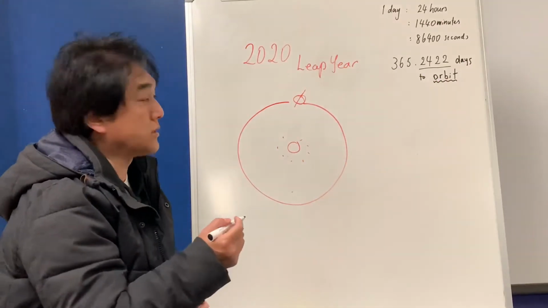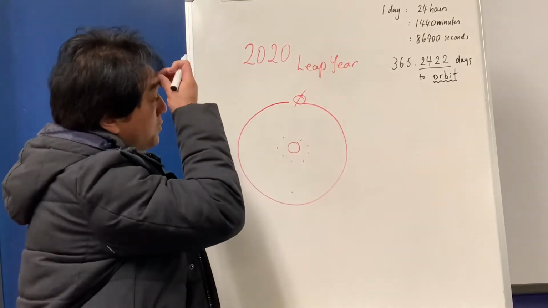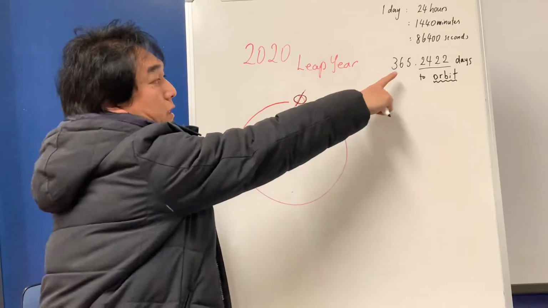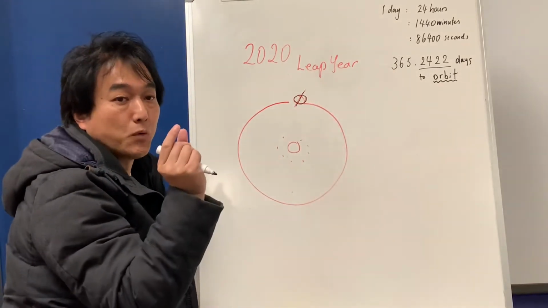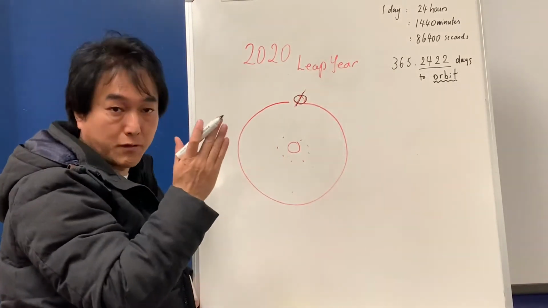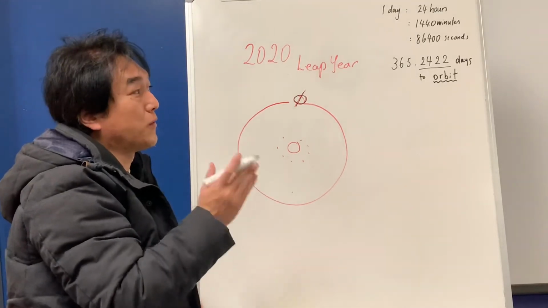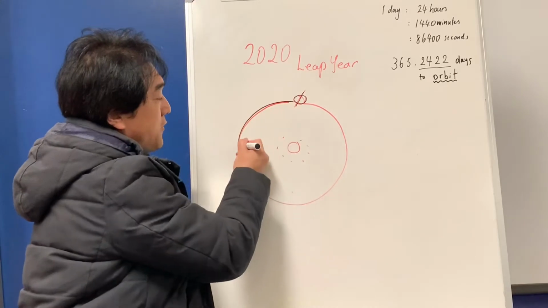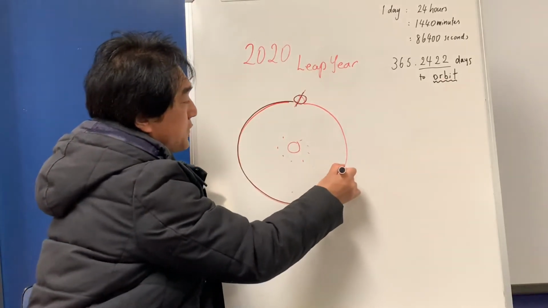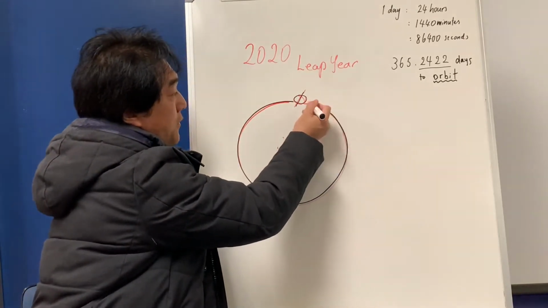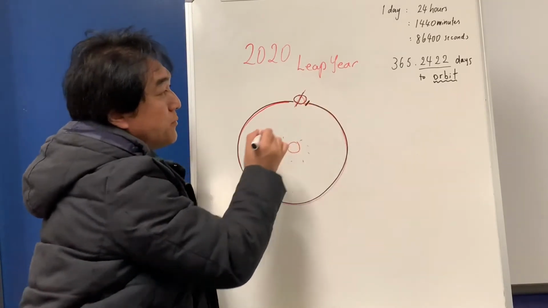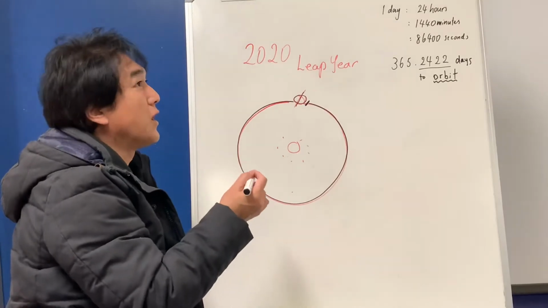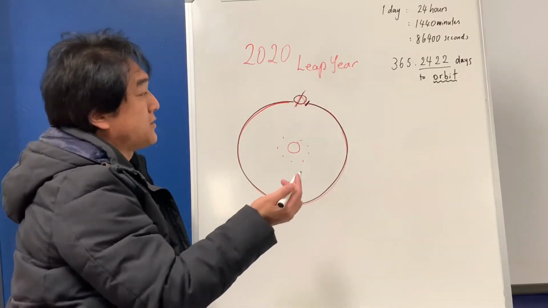So let's look at it this way. For the Earth to go around the Sun, it takes 365 and a bit more. But we're only counting 365 days. So every year, after 365 days, Earth is just not making it to where it was 365 days ago.